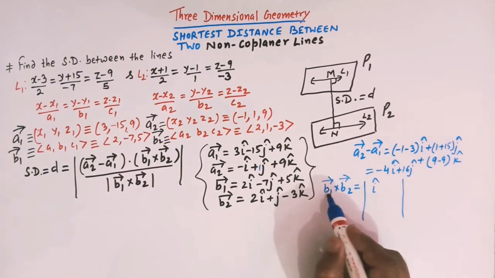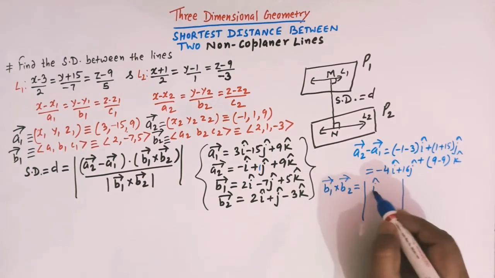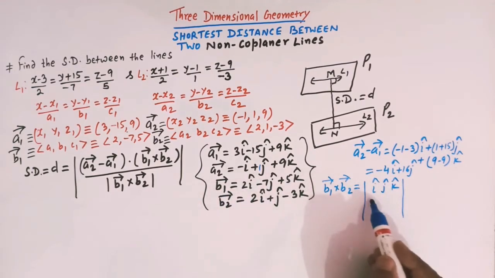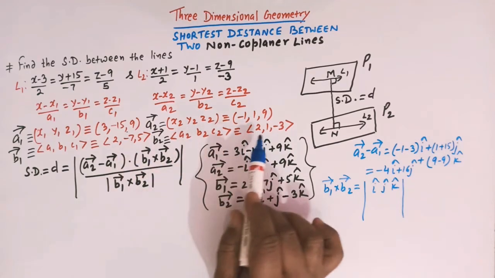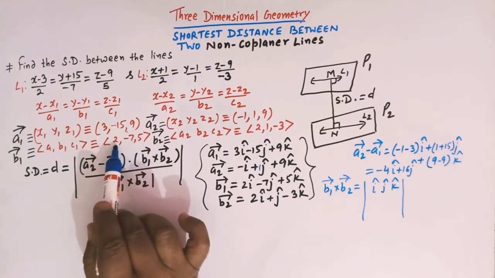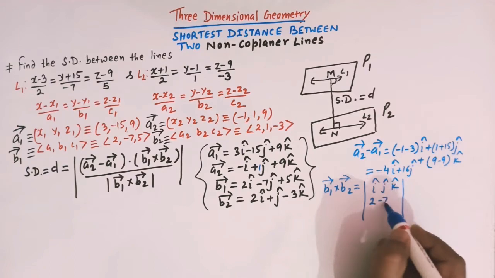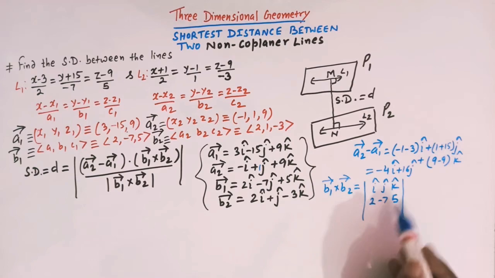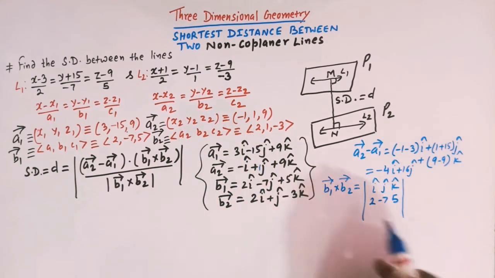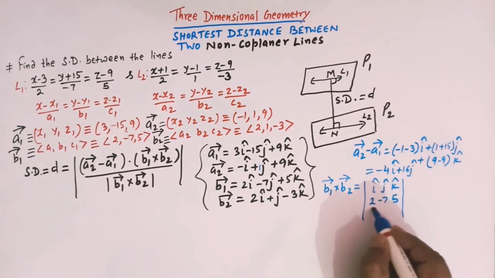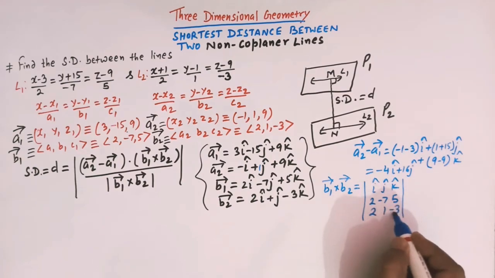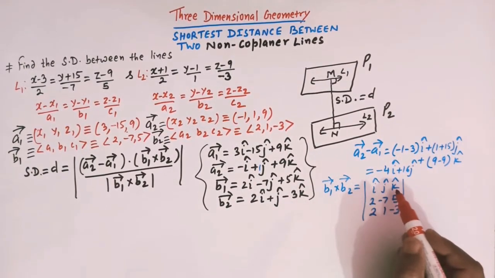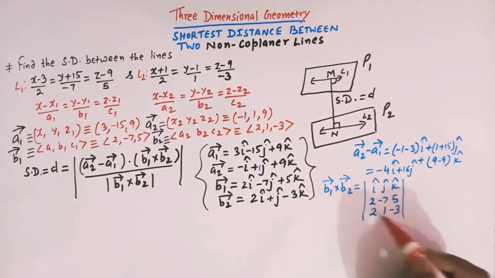The first row is i cap, j cap and k cap, the second row is occupied by these numbers, that is 2, minus 7 and 5, and the third row of this determinant is occupied by 2, 1 and minus 3. Now this vector product can be calculated by solving this determinant.